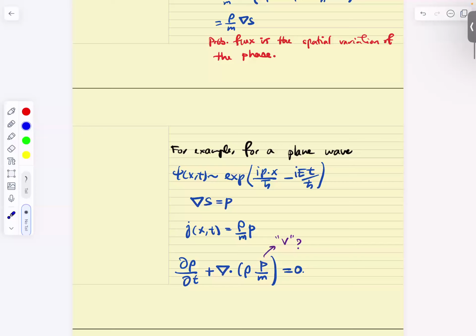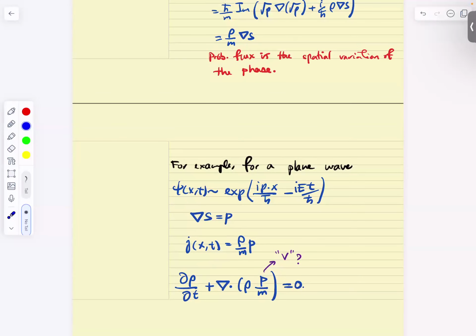But anyway, all right. So here, what you do is you take psi. What is the rho for this case? It's just a constant. I have not written it down because it has no x or t dependence. So this whole thing is a phase. This whole thing, up to i over h bar, is S. So S here is p x minus E t. So when I take the gradient of S, I just get p, the momentum. So plugging in here, your probability flux is just rho times p over m.